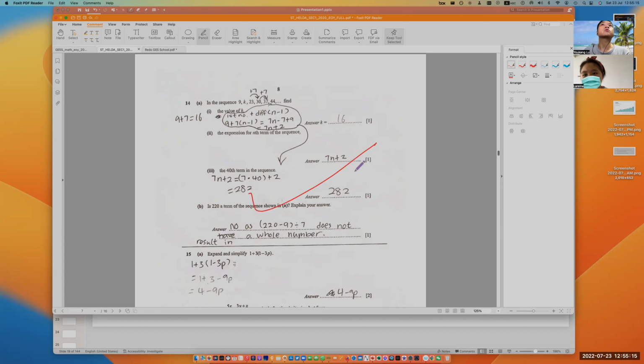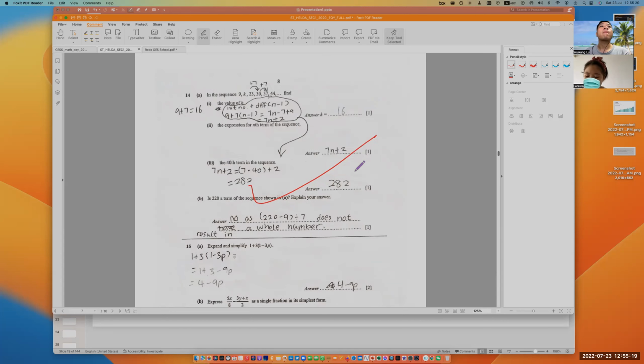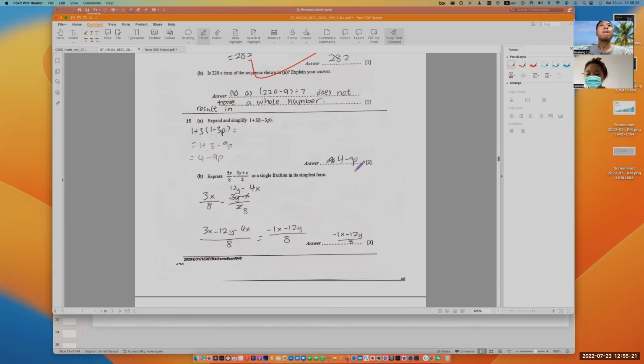This is good because you follow the formula. What about question 13? 15 is also a disaster. Why is it a disaster? What about question 13? I don't care about 13 first. I care about 15. B. You copy the question also copy wrongly.